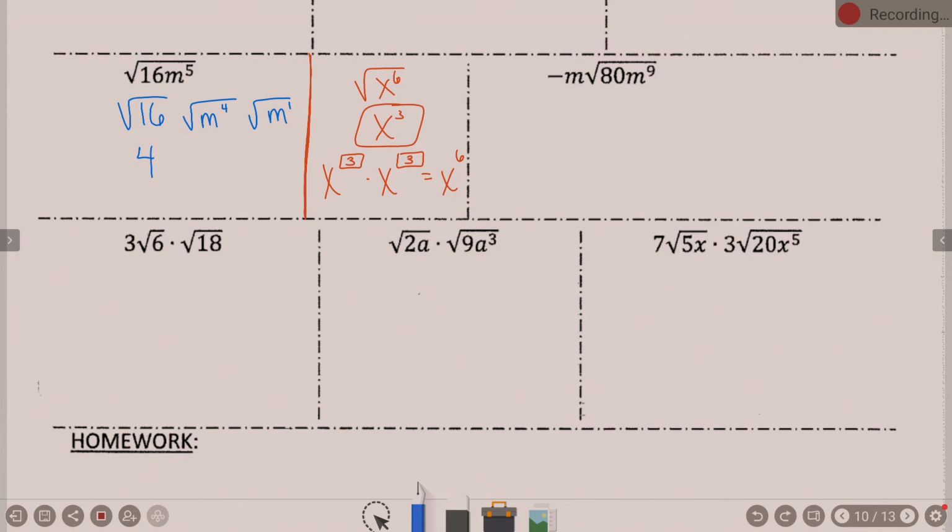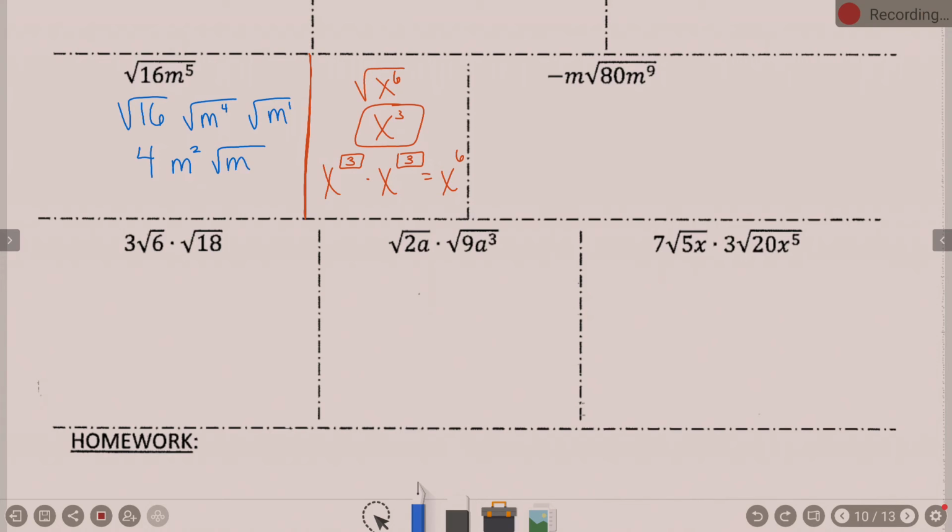Okay. Square root of 16 is 4. What's the square root of m to the 4th? M to the 2nd, because 4 divided by 2 is 2. What's the square root of m to the 1st? Can 1 divide by 2? No, not nicely, right? So what do we do with the square root of m to the 1st?